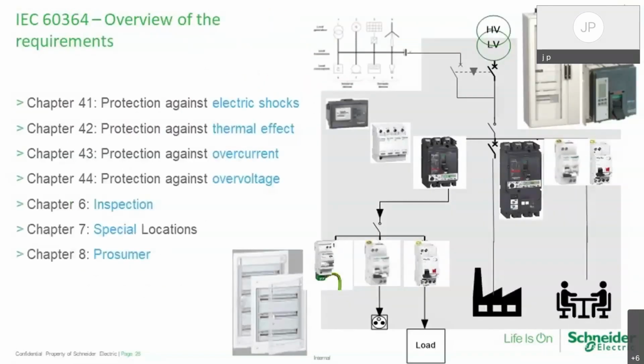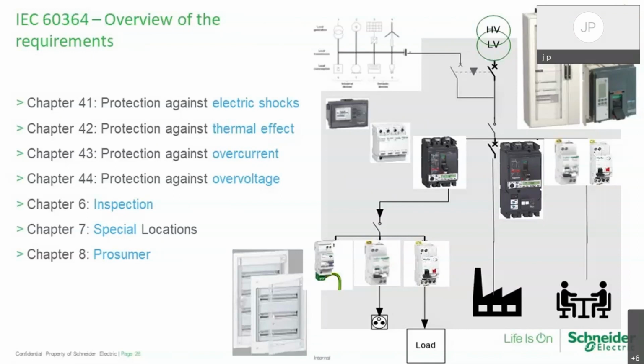So if you have to remind the different chapters, this is just a way to sometimes link with the product and what you have in your installation. So you have to protect against electric shock thanks to RCD or circuit breaker or OCPD, fuse. You have to implement thermal protection thanks to 30 milliamps RCD or AFDD for final circuits.